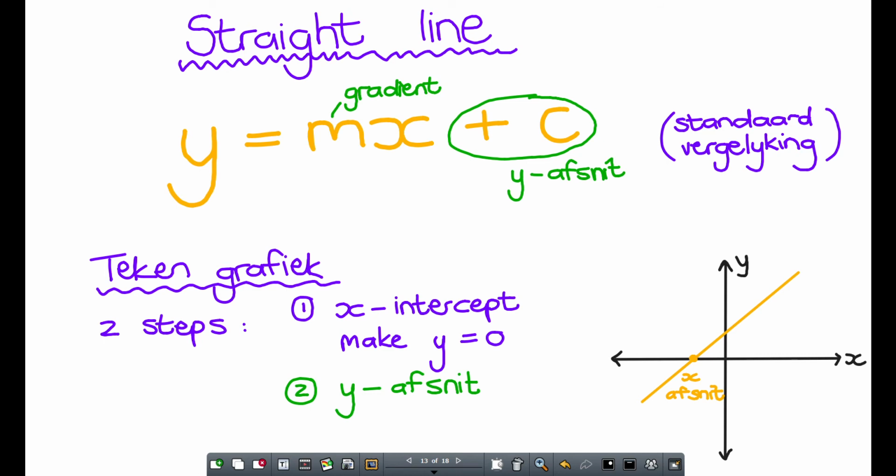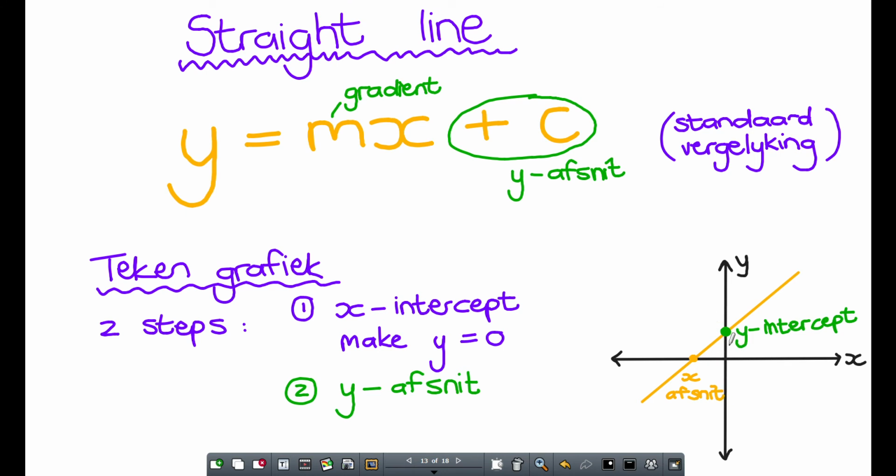Waar sit dit op my grafiek? Kyk gou hier, sien jy daai punt is waar ek deur my y-as sny. So this would be my y-intercept. Does everyone understand? Okay, and again, everywhere on that y-axis, what would x be? 0.